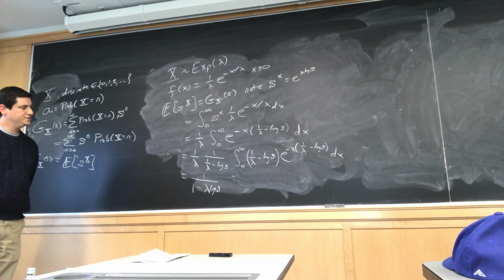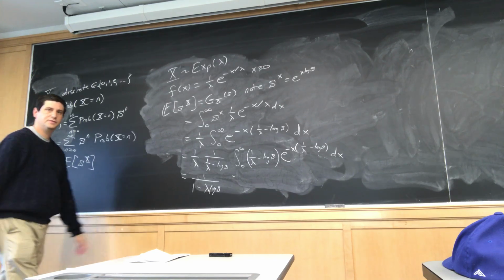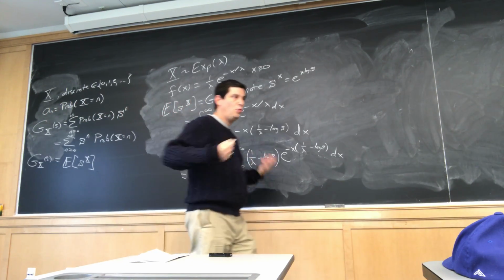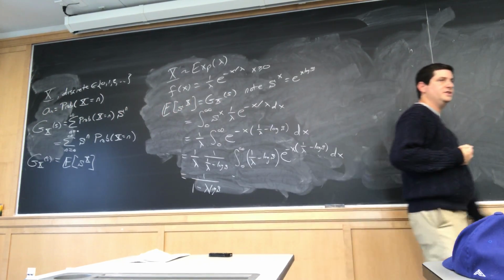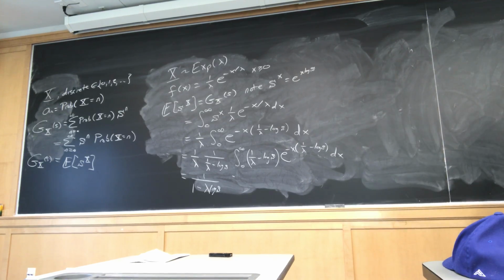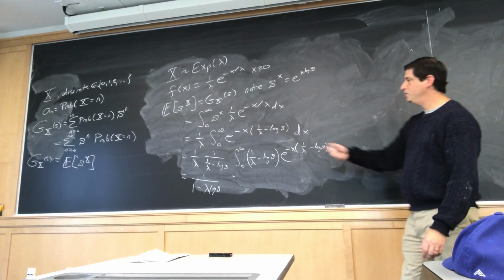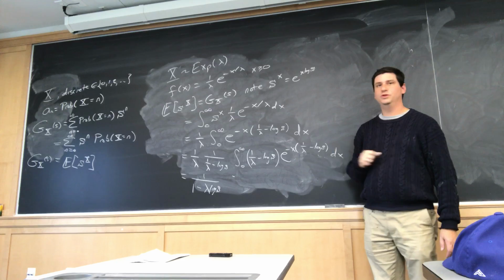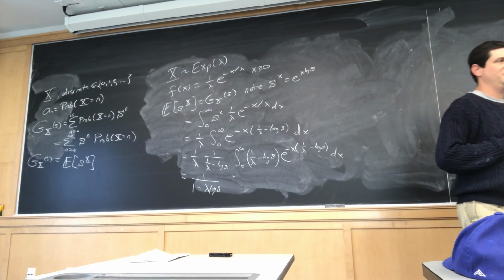So the question is, does this converge for all values of s? What do you think? So I want to know for what values of s this is well defined. If I want to do this integral, what must be true for this integral to converge?